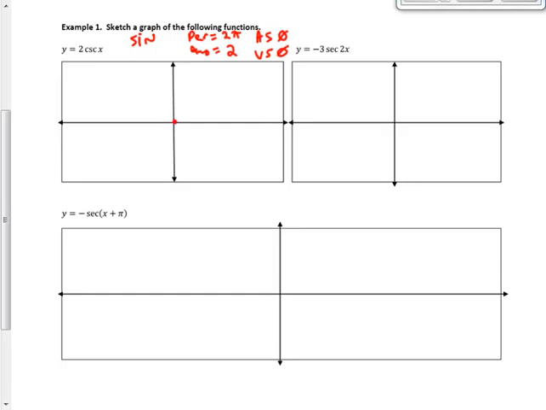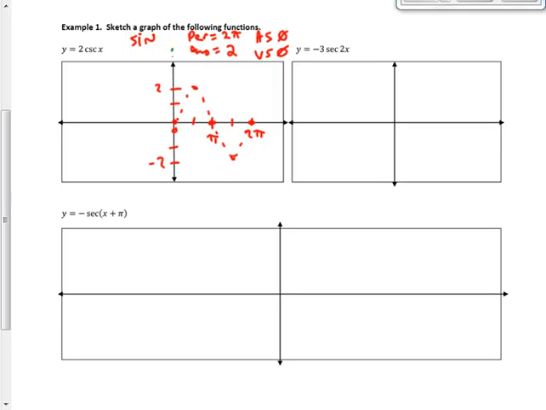I've got the sine function starting here at 0, with a period of 2 pi. Halfway in between is pi, and then we've got those 2 values that are halfway in between there. I've got an amplitude of 2, so it goes up 2 and down 2. The sine function looks like this. But I don't want the sine function, so I'm going to draw it as a dashed graph.